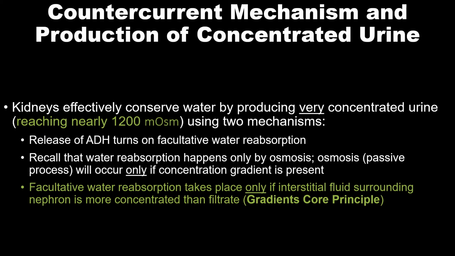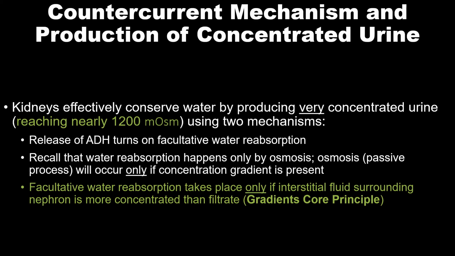However, it does require more. If you guys remember, water reabsorption only happens by osmosis, and osmosis only occurs if an osmotic gradient is able to drive it. So that means that facultative water reabsorption will only take place if the interstitial fluid, the extracellular fluid, is more concentrated than the filtrate.